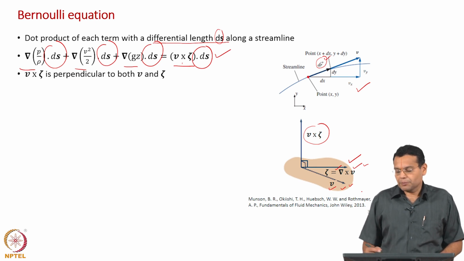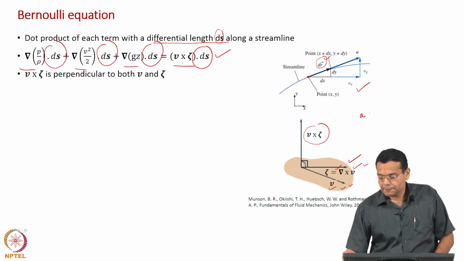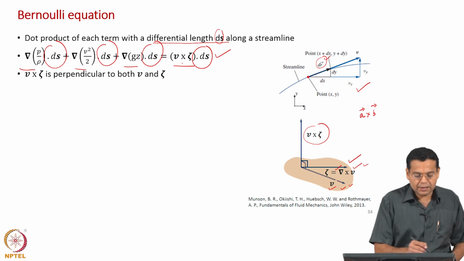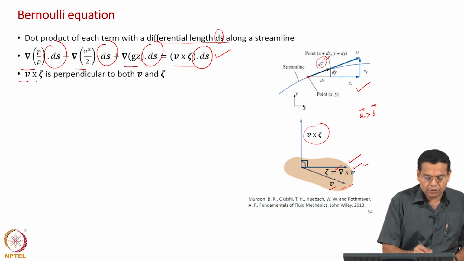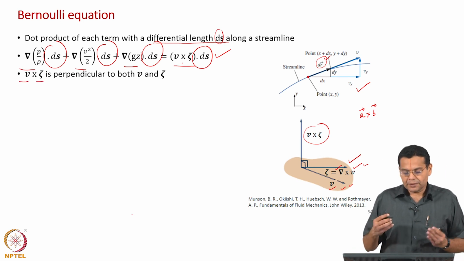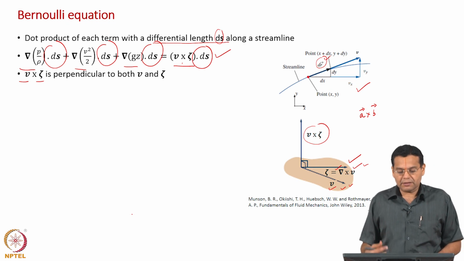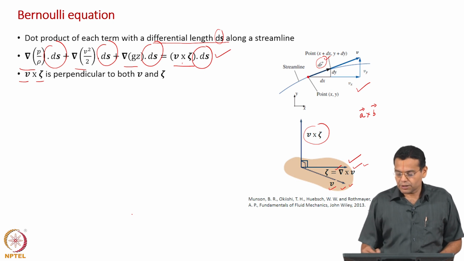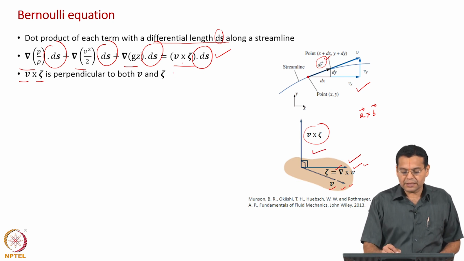Why is that? Suppose I have an A vector and a B vector, and if you take A cross B, that vector is perpendicular to both A and B. Instead of A and B, here we have the V vector and the vorticity vector. So, the cross product between V and vorticity is perpendicular to both, and that is what is written here.